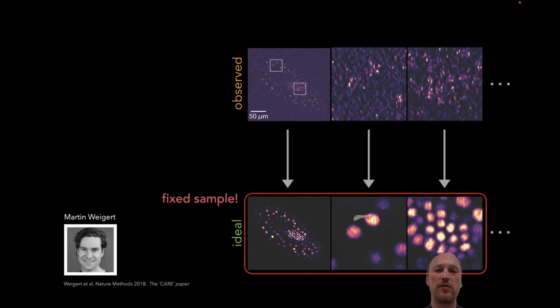And how do you obtain these ideal images? You perhaps do an experimental trick. You fix your sample, and you now can take pairs of images at low and high exposure or laser power, and now you can get these pairs of images.